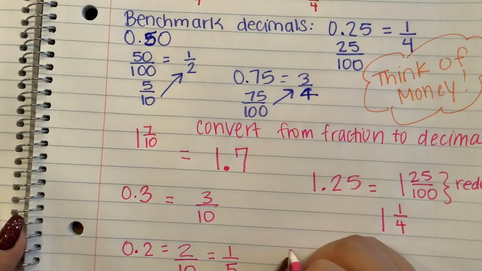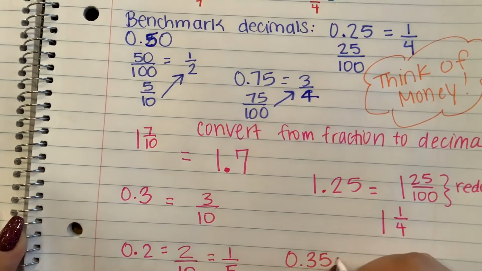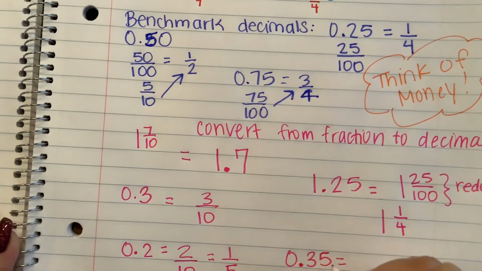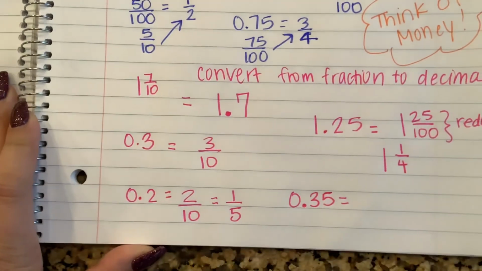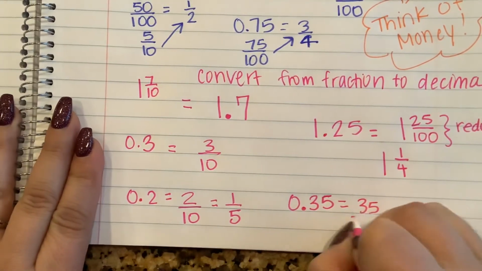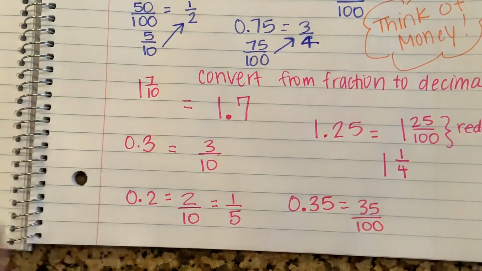Let's try this decimal. We have 35 hundredths. Can you write it as a fraction in its most reduced form? First, let's start with the obvious, 35/100.